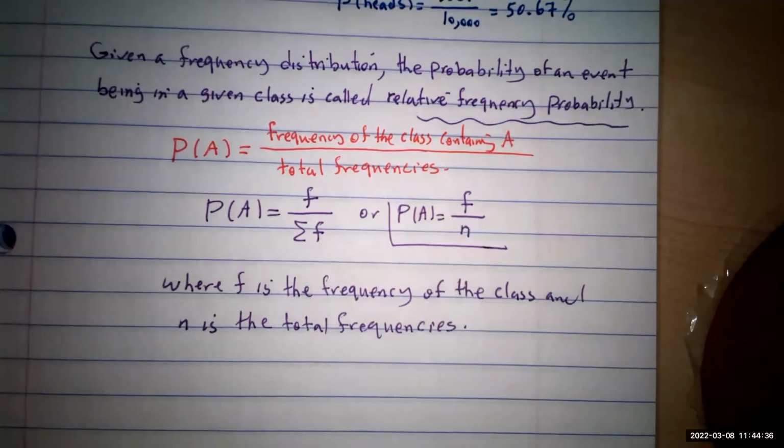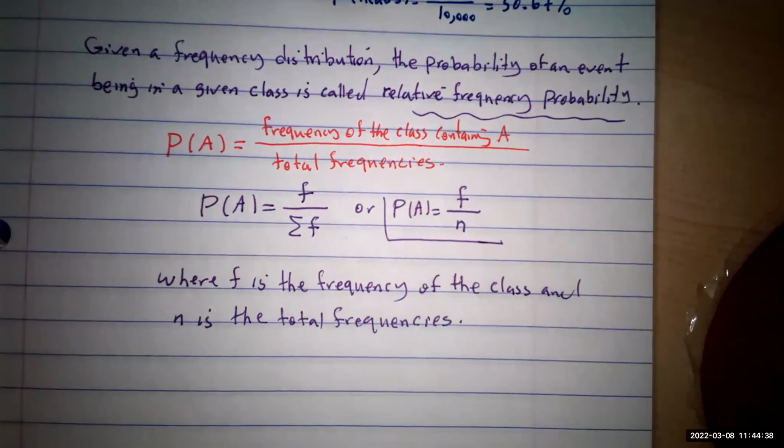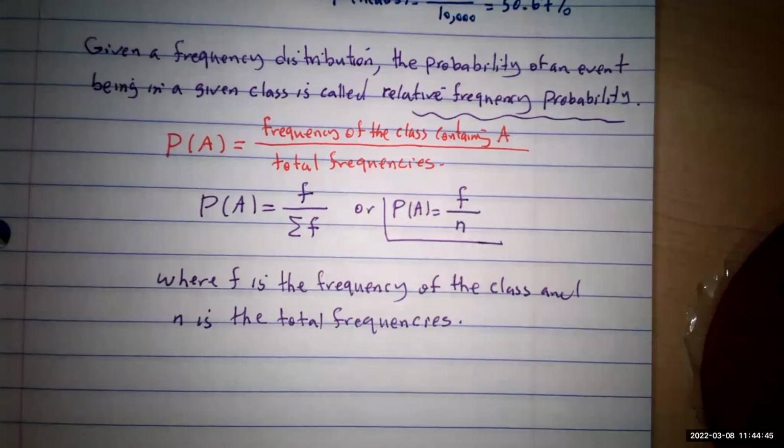So it's nothing new, it's this one that we did before. This would be very popular when we get to the function formation of these ideas. This is the only one that we're going to use.